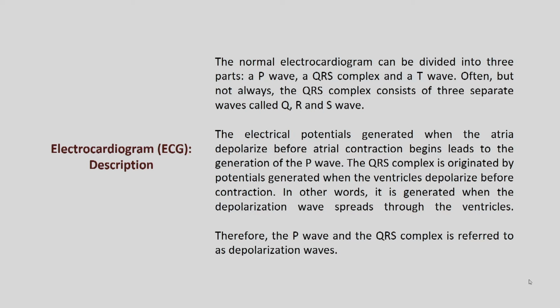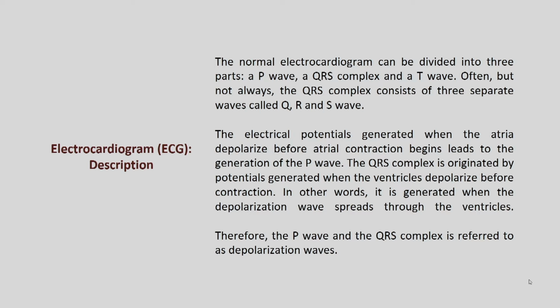So, the whole one cycle consists of P wave, QRS complex and T wave. But many times this QRS complex consists of three separate waves, Q, R and S. Sometimes there are changes. These changes we need to identify and interpret in our results.